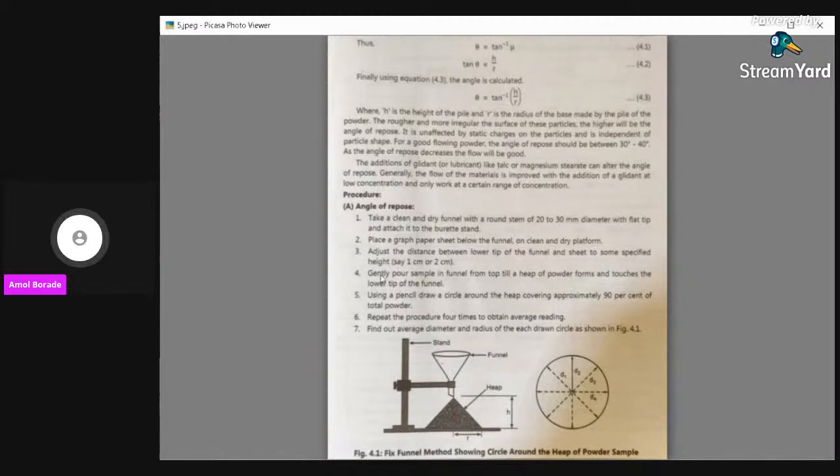So, gently pour the sample in the funnel from the top till a heap of powder forms and touches the lower tip of the funnel.